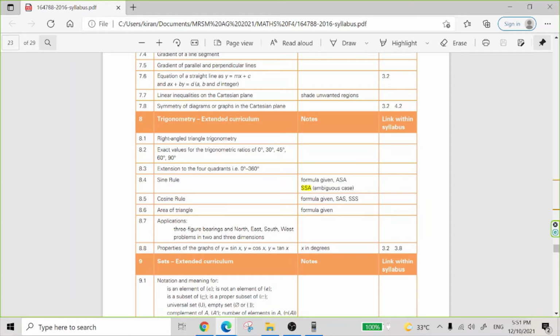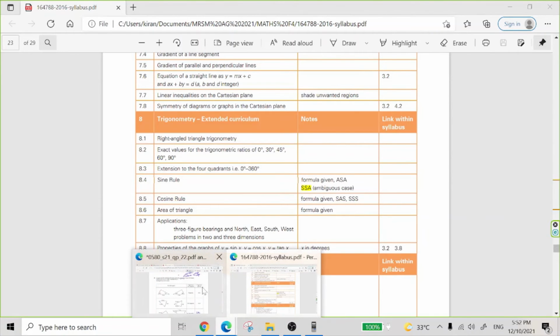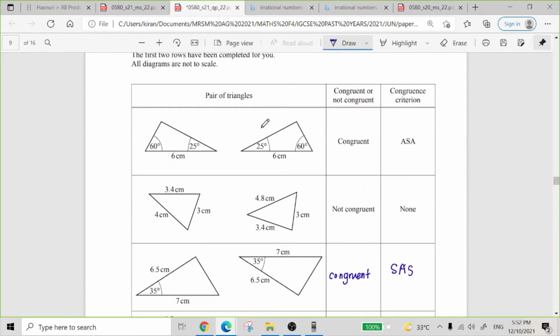Okay, means that for sine rule, we use sine rule when the given part is two angles and one side, and also two side and one angle. And then for the cosine rule, the formula given when there are side, angle, side, and also the part of three sides given.